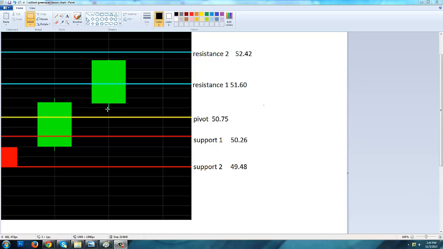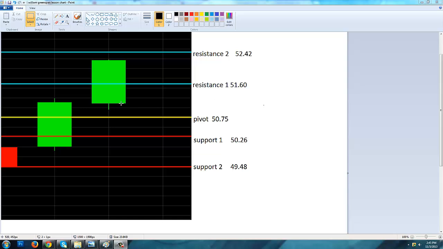Now suppose that the stock opens next morning higher than this pivot line. You have an idea that maybe the stock will go up the whole day. Since it's going up to the first resistance 51.60, from 50.75, this is the pivot.